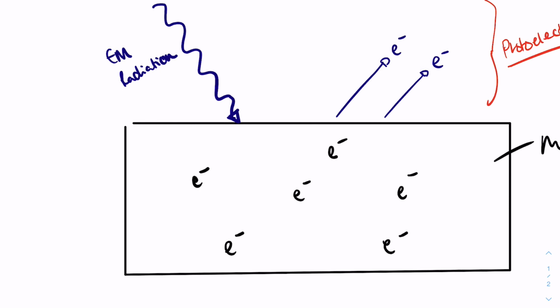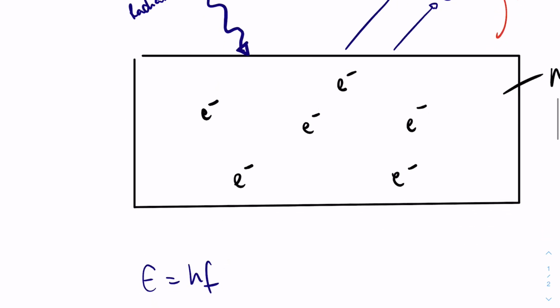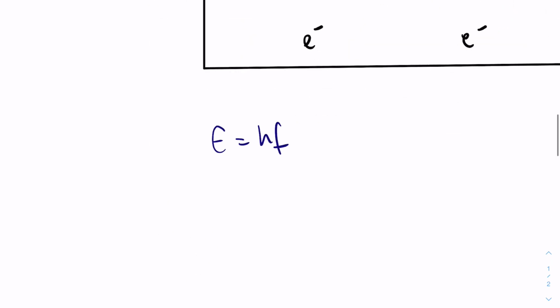Well, that means that those photons did not have enough energy to free those electrons. So clearly there is a threshold frequency. And if you shone blue light onto this surface and you noticed some electrons came off, then you would know that blue light, i.e. a higher frequency and therefore higher energy, would meet the threshold frequency.